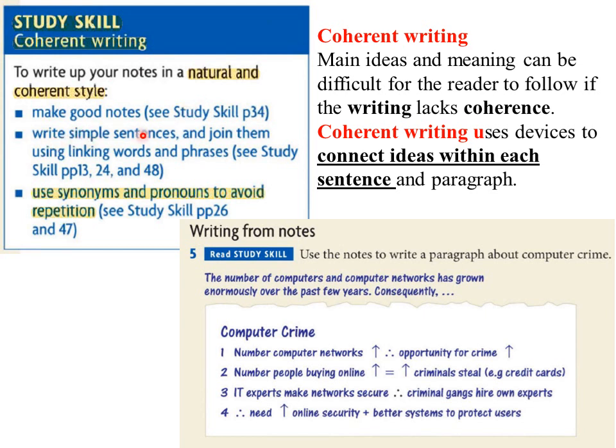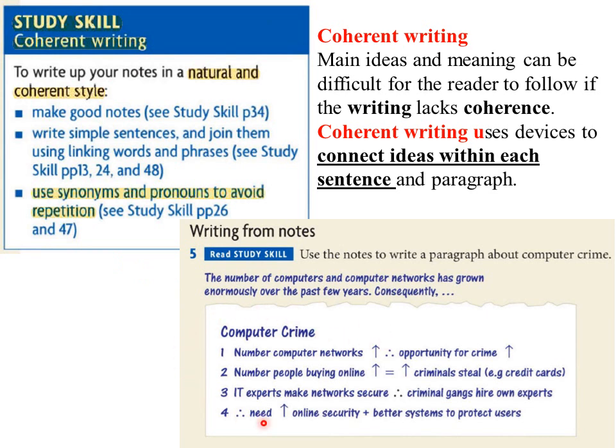Also, write simple sentences and join them using linking words and phrases. You could also go to study skills on pages 13, 24, and 48. Also, you could use synonyms and pronouns to avoid repetition, as we studied before on page 26 and page 47.